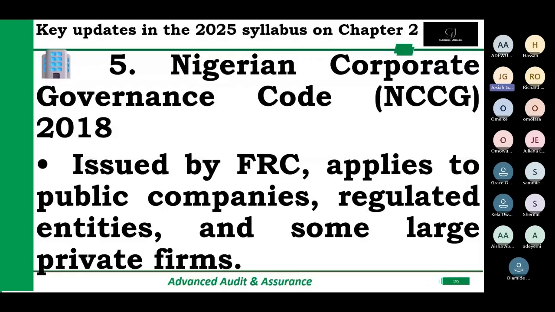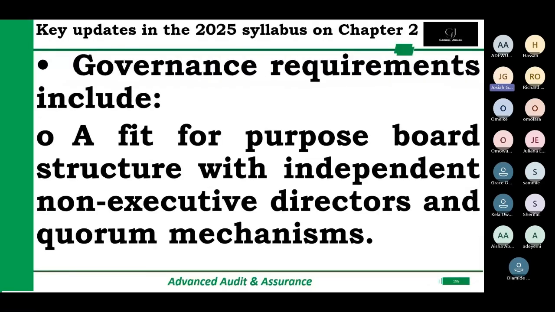So the 2018 code still remains the governance requirement on a fit-for-purpose board structure, which is generally the requirement for public interest and public listed companies. Where there are non-executive directors, there has to be a mix, and the quorum mechanisms required for meetings are stipulated in these requirements. Also, the establishment of audit and risk committees is in the Corporate Governance Code of 2018.